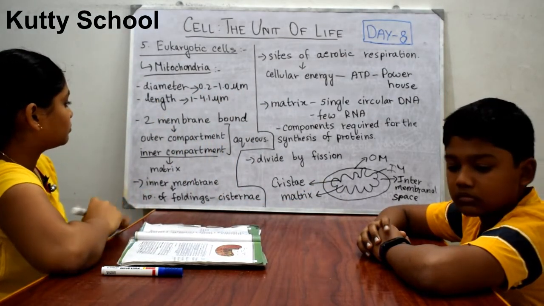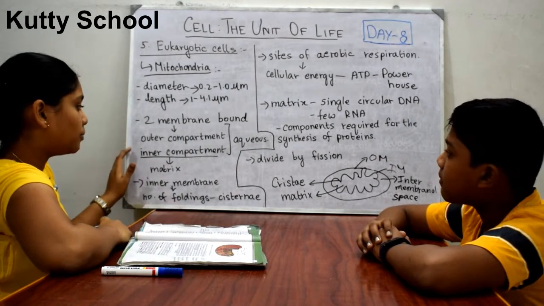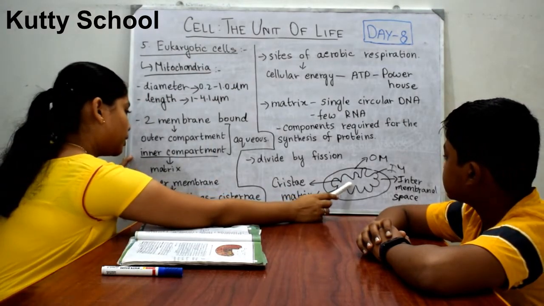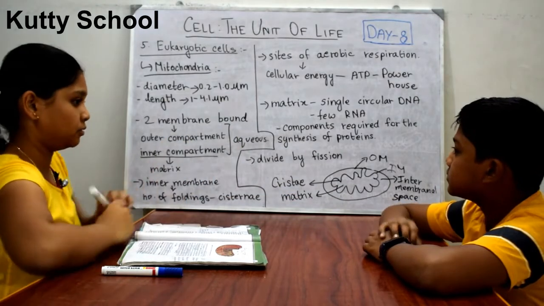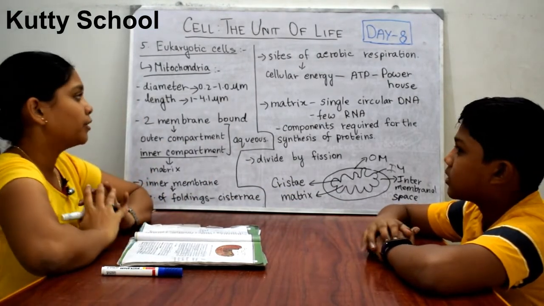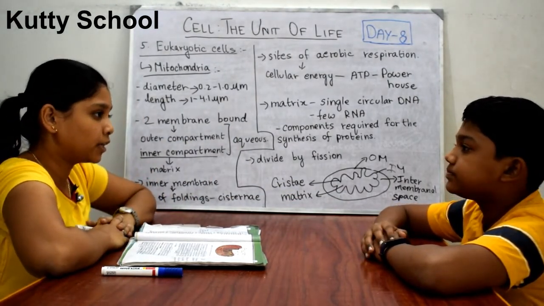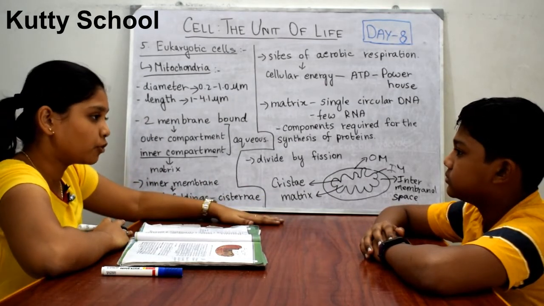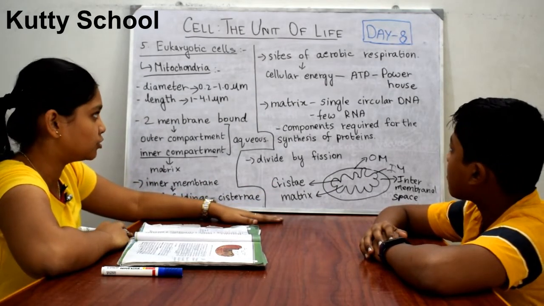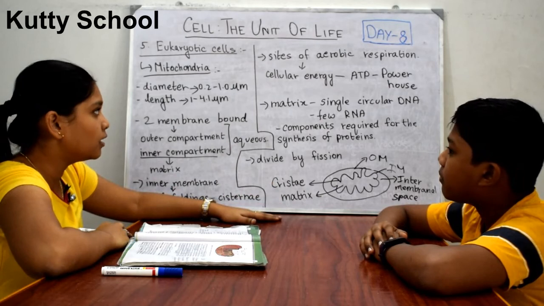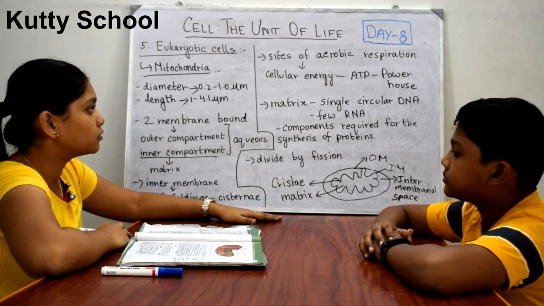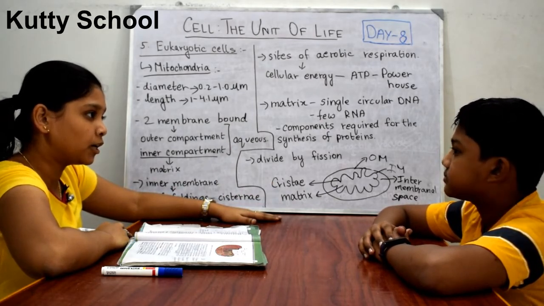So it has an outer compartment and an inner compartment, and both are aqueous. Mitochondria are the site of aerobic respiration for cellular energy, and so they produce ATP, adenosine triphosphate.